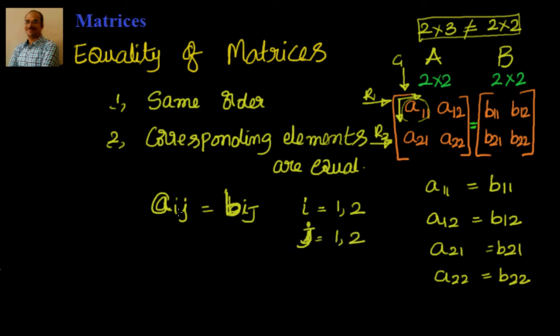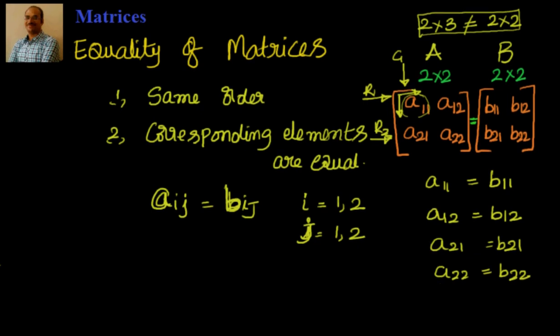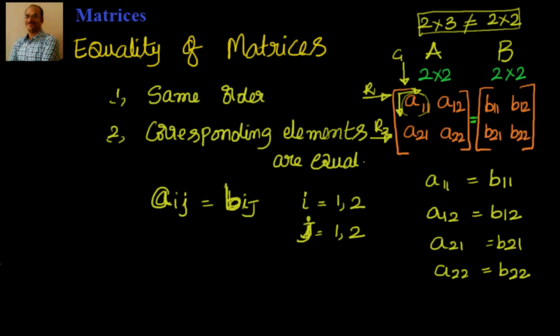You can see that a11 equals b11, a12 equals b12, a21 equals b21, a22 equals b22. So these are the two things which should be satisfied to say that two matrices are equal. So let's take a simple example and see how, if there are any variables, we can solve them by equating two matrices.